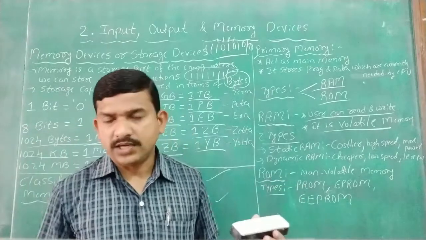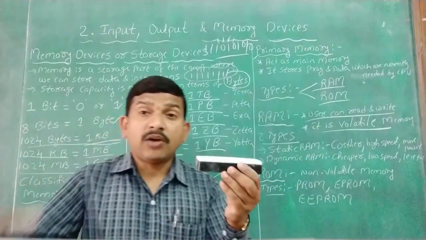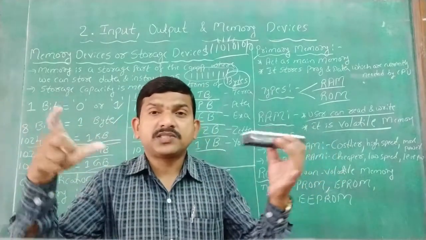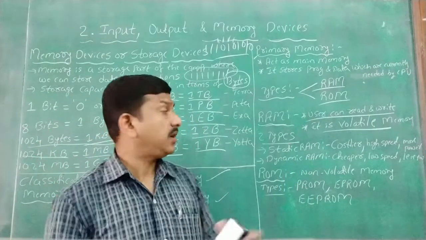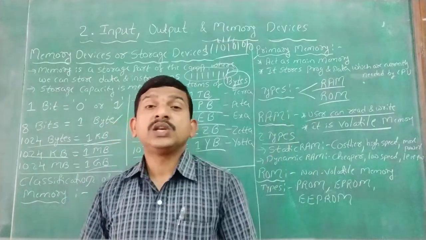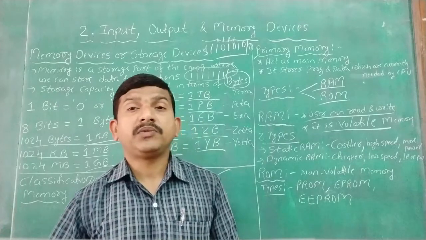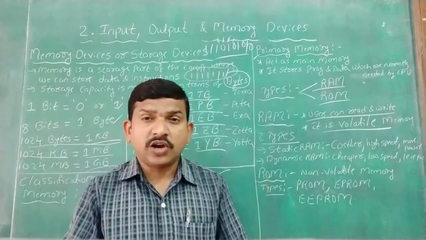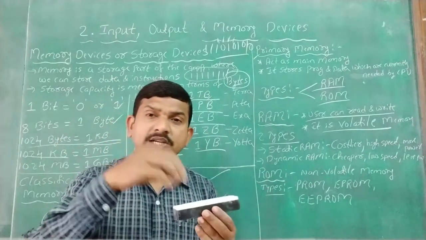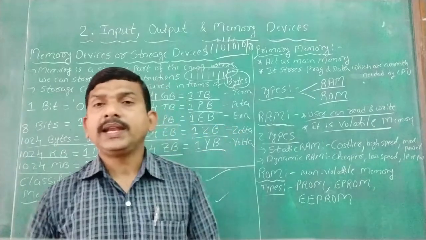Everything will be normal. When the RAM becomes full, it starts getting stuck. That's why we call RAM volatile memory. If the power supply goes off, whatever data is present on RAM will be deleted.